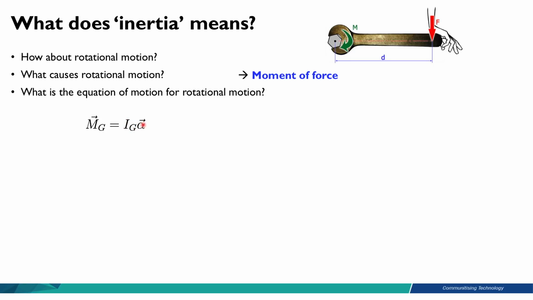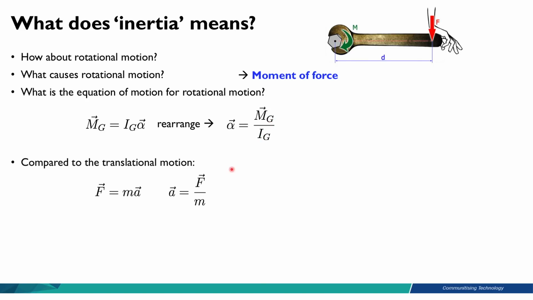Alpha is a familiar quantity. We have already found alpha in the previous chapter, kinematics. Alpha is the angular acceleration, or the rotational acceleration, of a body. I_G in this case is known as the mass moment of inertia of the body. If we rearrange this equation like what we have done for translational motion, we will see that the angular acceleration alpha is equal to M_G divided by I_G, like what we had previously, a is equal to F over m.